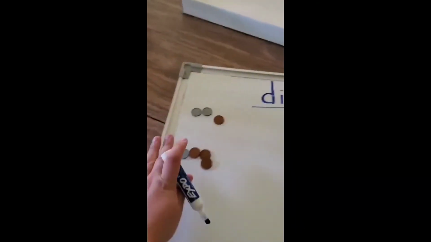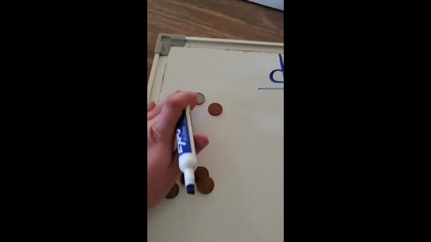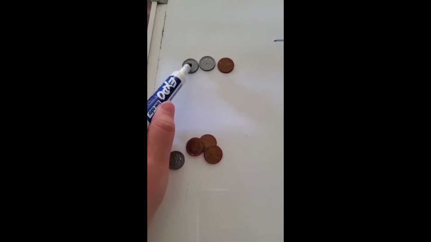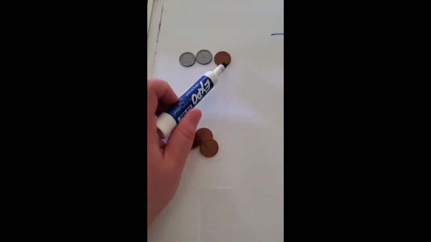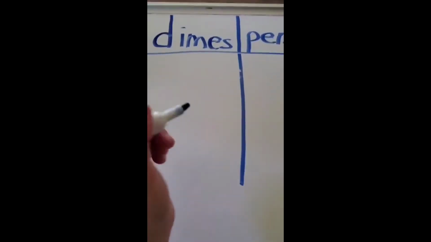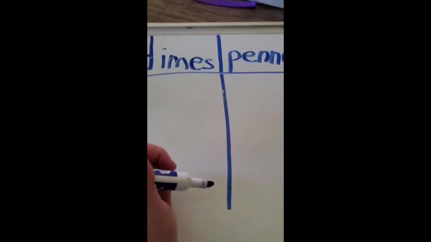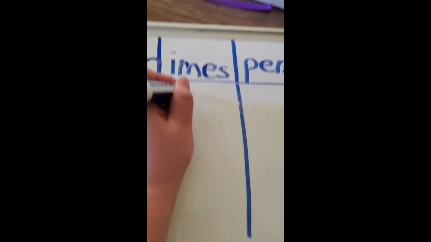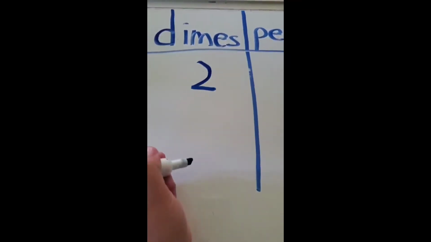And I have two separate amounts here. How much change do I have right here? Let's count it. 10, 20, 21. So I'm going to write, you see how we have two dimes? I'm going to write the 2 in the dimes section.